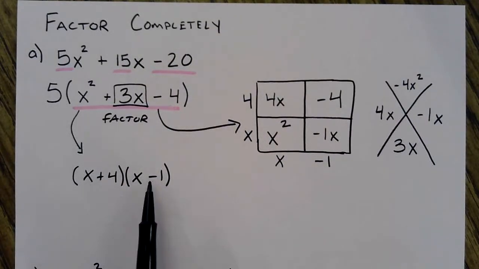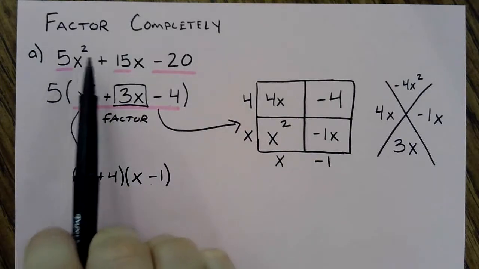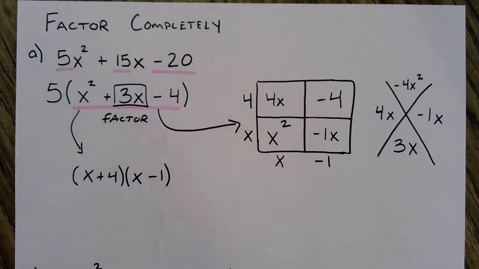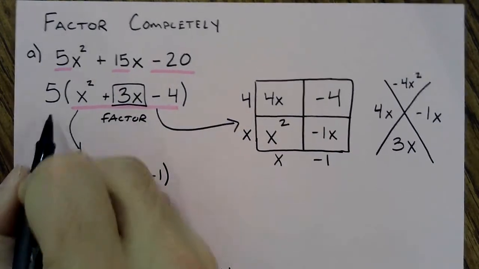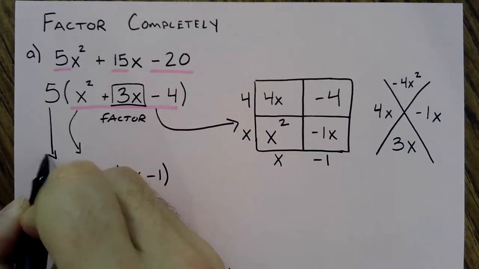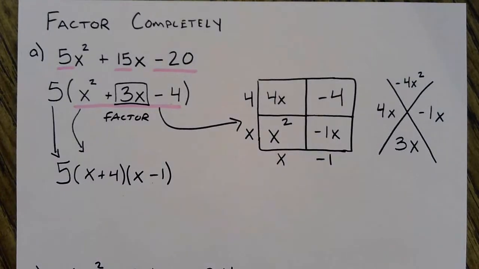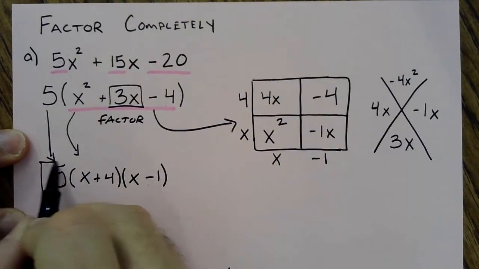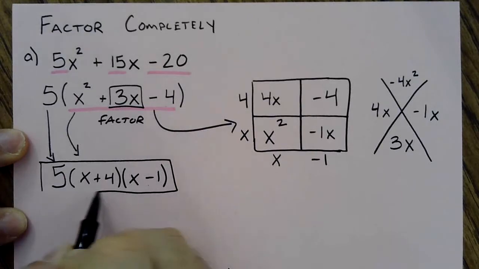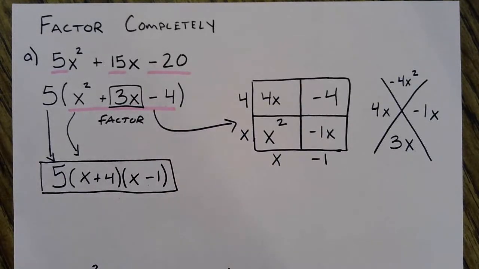It's not the factored form of our original 5x squared plus 15x minus 20. So we have to bring down and make sure we include that factor that we originally pulled out. So our factored form is 5 times x plus 4 times x minus 1.